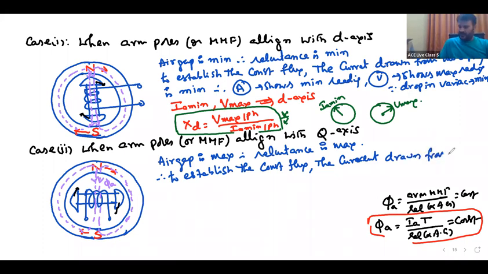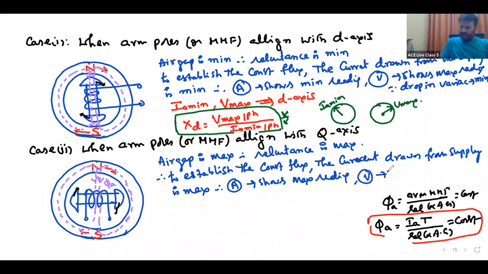Therefore, the ammeter shows maximum reading. But the voltmeter shows minimum reading.